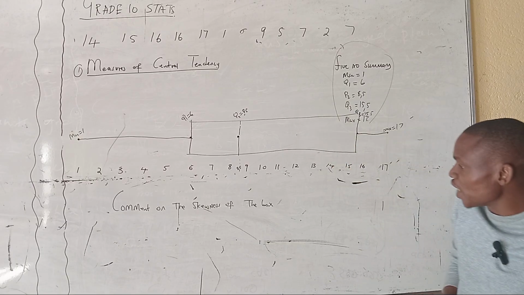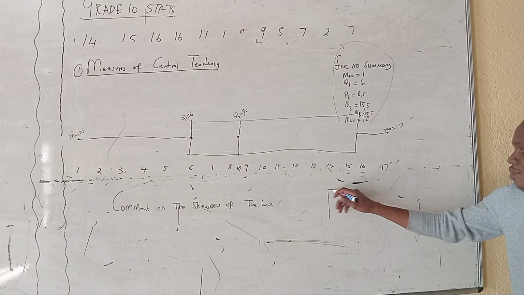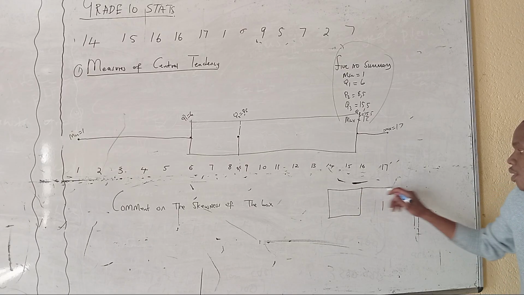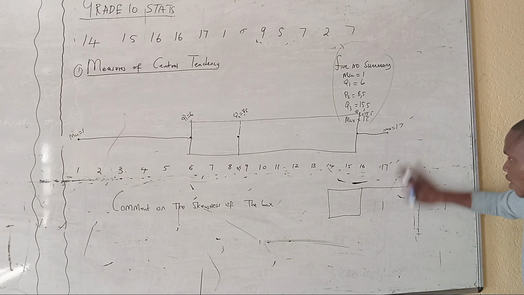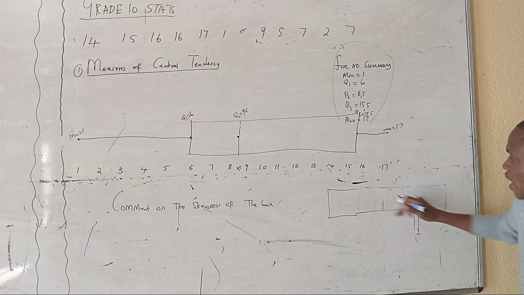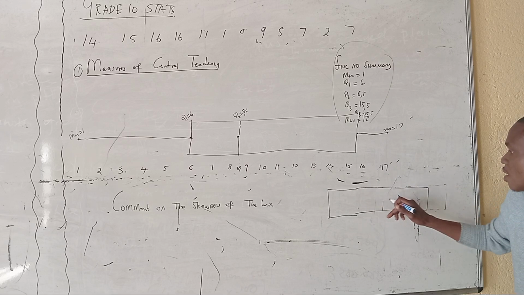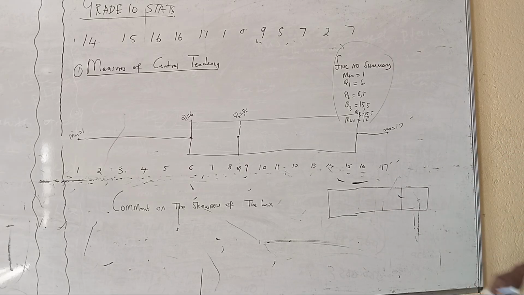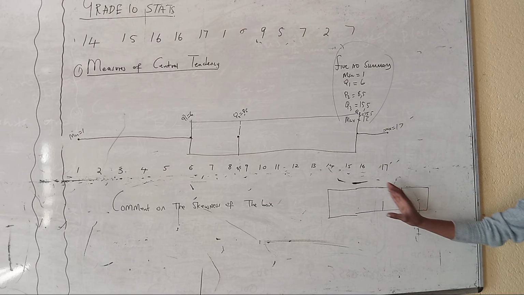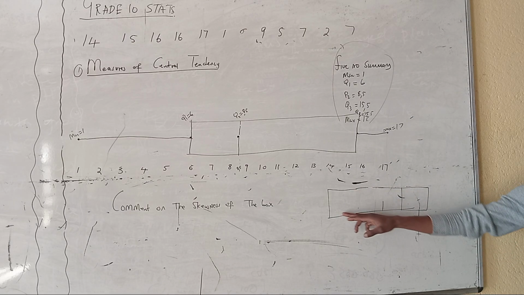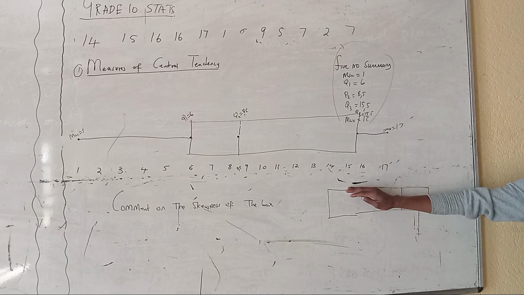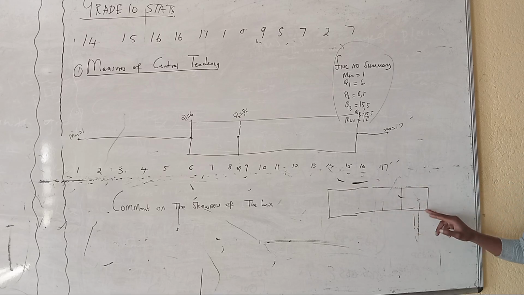If it was something like this, you are going to say it is skewed to the left, because too much portion is on the left side, and only a small portion on the right.